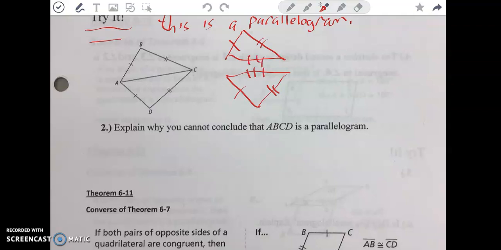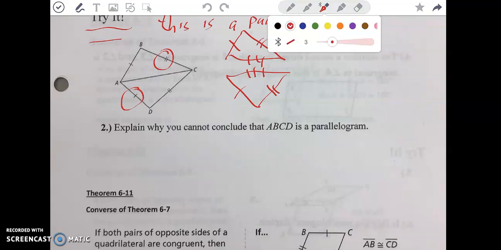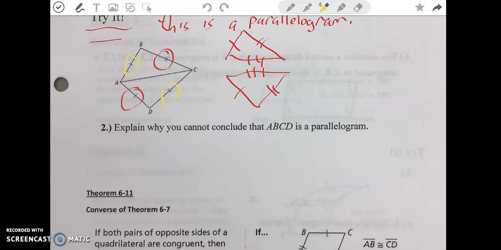But in order for it to be a parallelogram, you need opposite sides to be congruent. This and this are opposite sides, and they are not congruent. Just like this side and this side are also not congruent. So you cannot conclude that this is a parallelogram, because opposite sides are not congruent in this diagram.